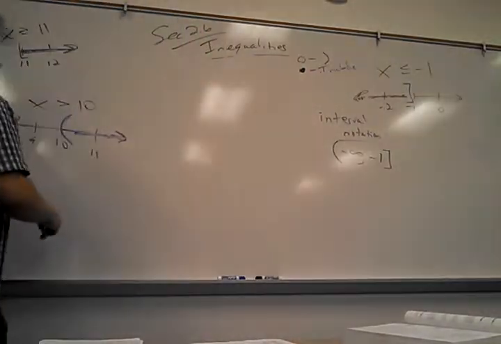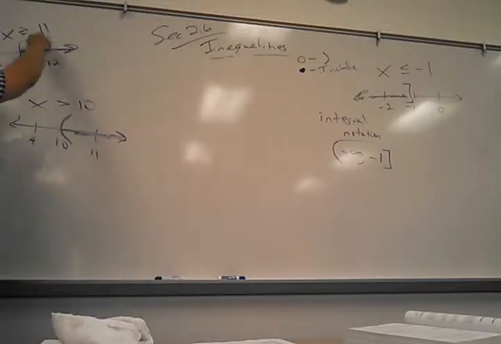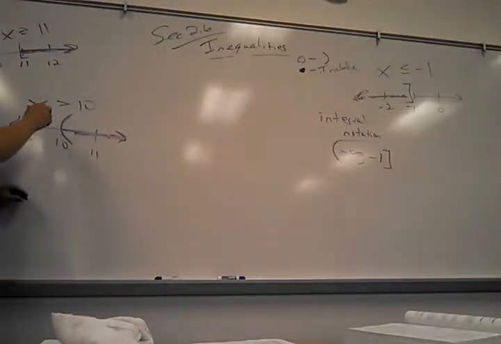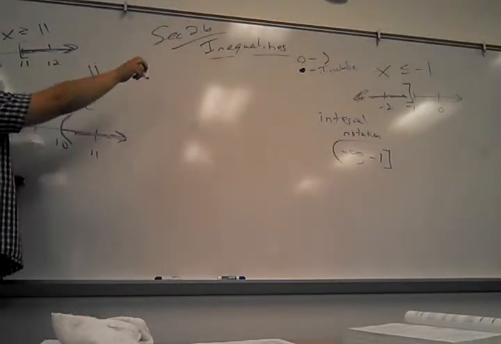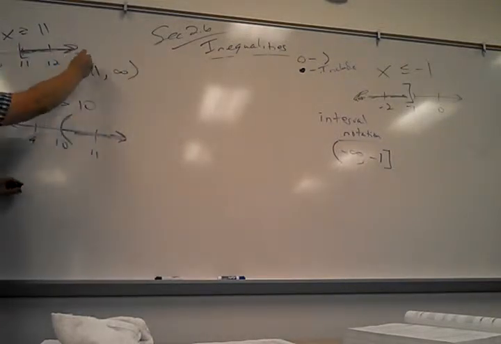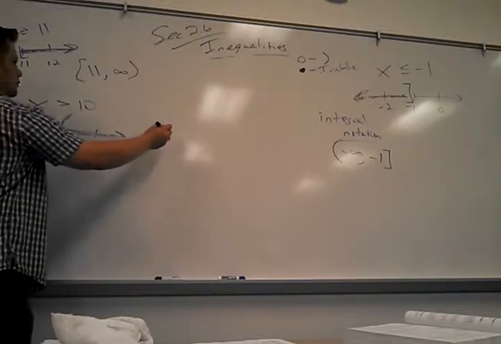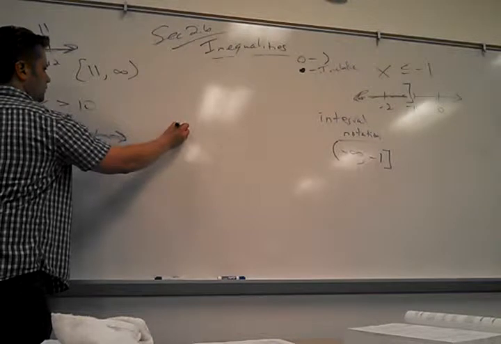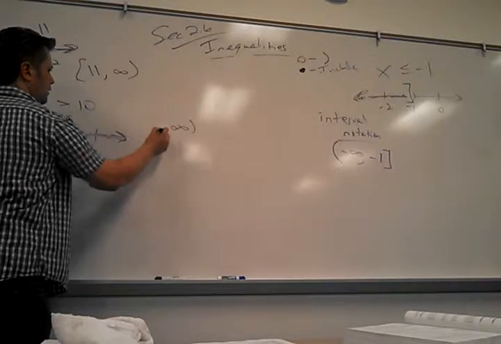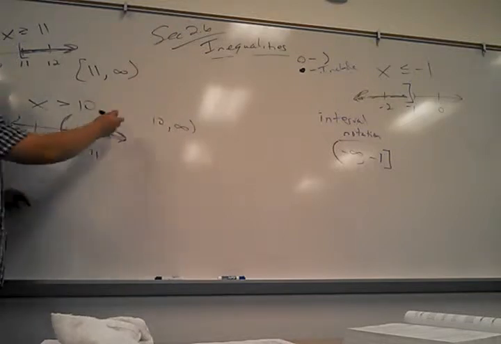So how would this one look in interval notation? What's the smallest? 11. What's the biggest? Infinity. So there's always a parenthesis there, and here I just put the same symbol I put there. And this one, how would that look? The biggest is infinity, the smallest is 10, and on the 10 I put parentheses.